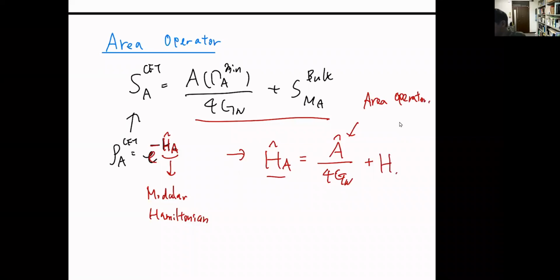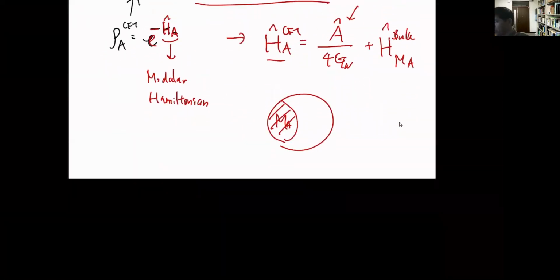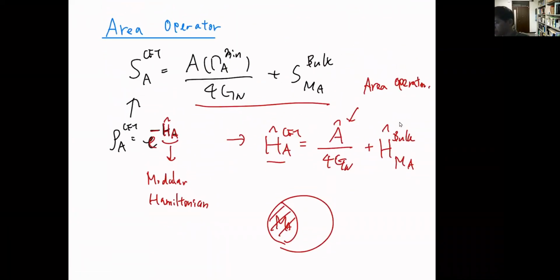And we can have some bulk modular Hamiltonian, the entanglement of the bulk fields with M_A. This decomposition simply corresponds to the CFT one.